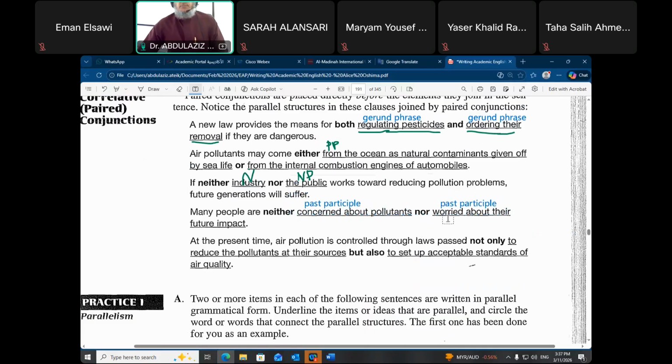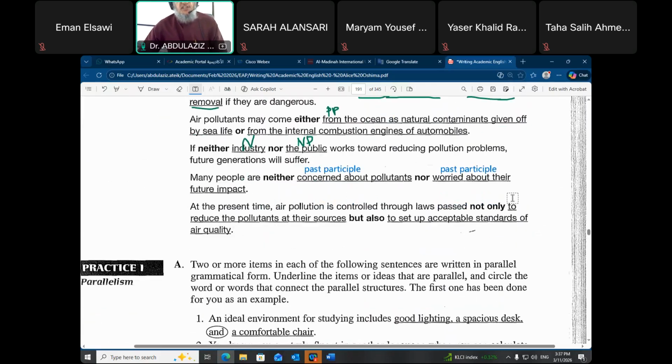Same type. Similarly here, not only to reduce, this is infinitive, an infinitive phrase.